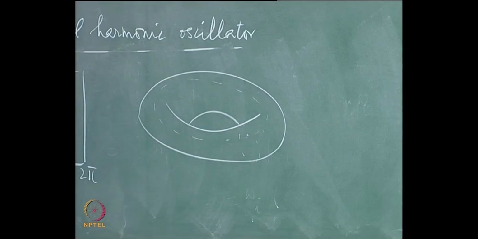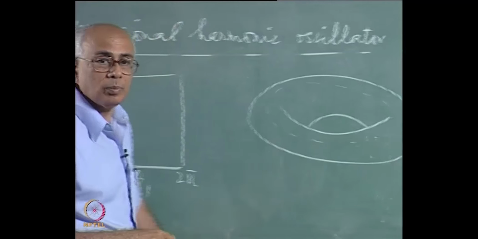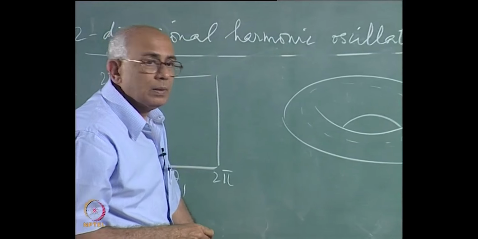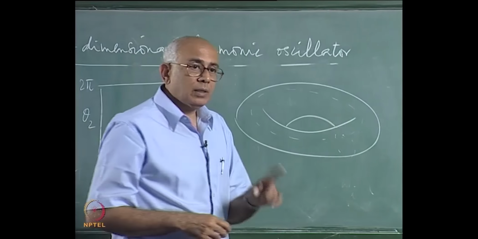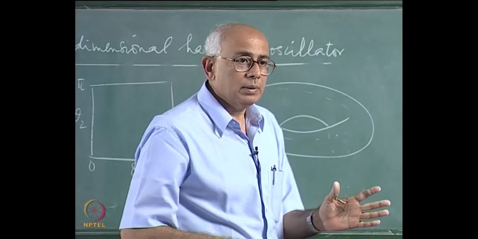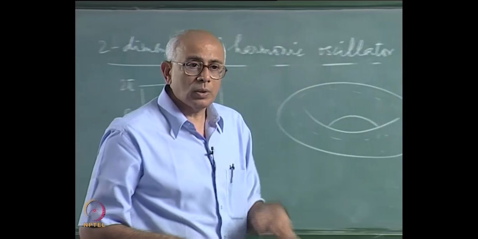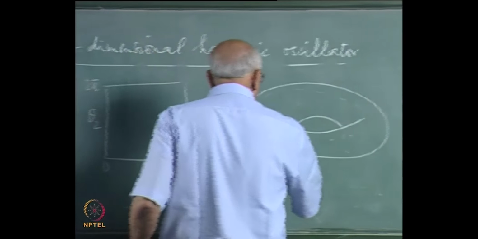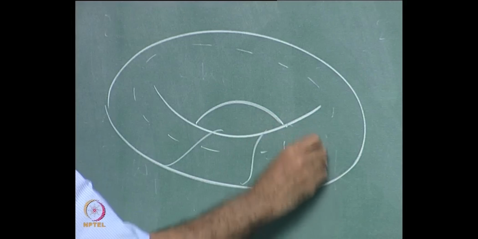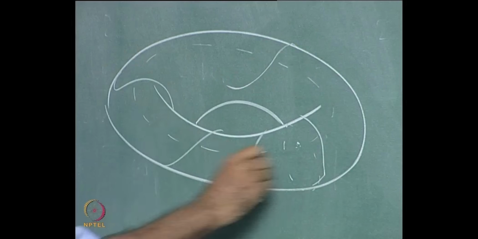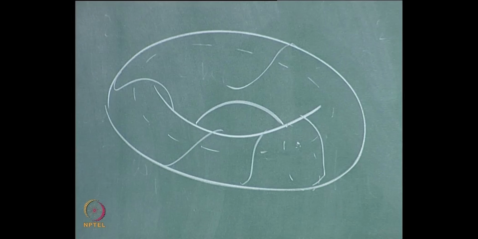If the motion is 1:2 or 1:3, this simply means if it goes around here once, maybe it goes around in the other direction twice or thrice. It is hard for me to draw this, and comes back to the original point. The trajectory therefore would not fill this torus up, it would just be a curve on this torus folding around a few times like this, and then it does this, and then it does this, etc., and eventually comes back to the original point.